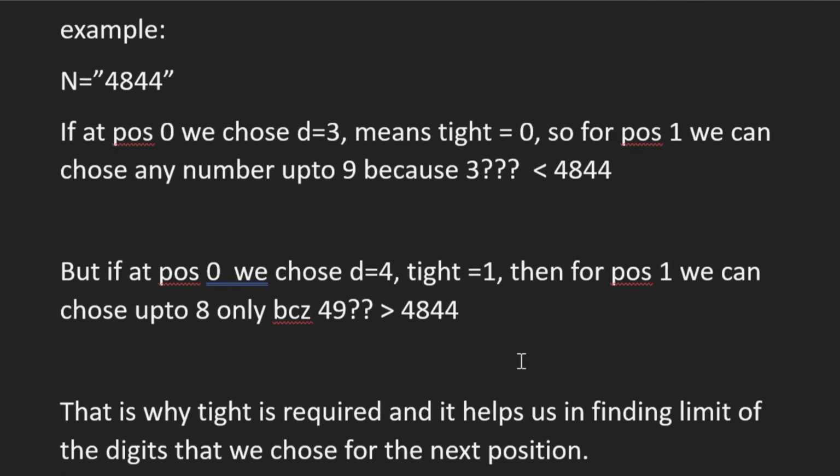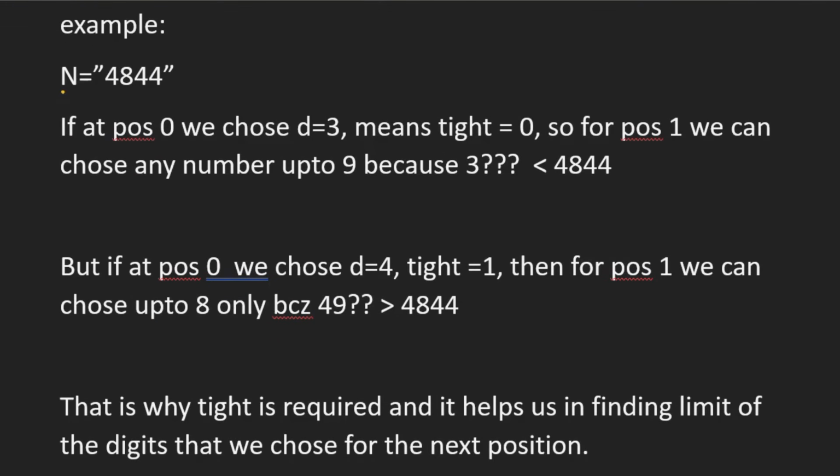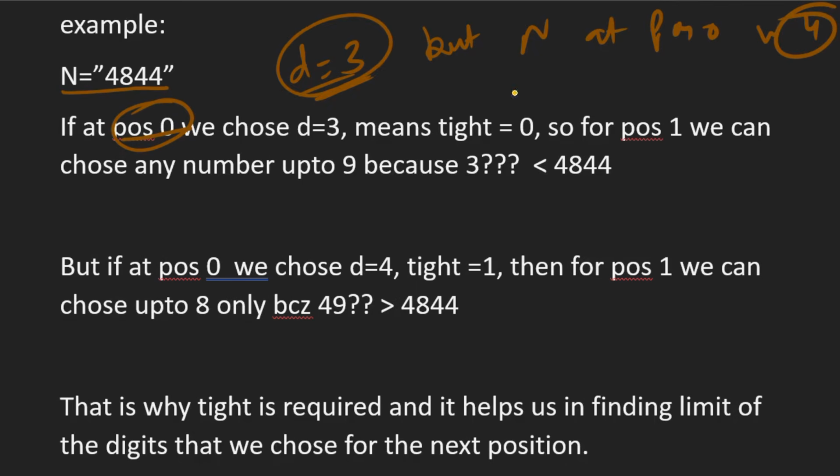So let's see an example. Suppose n is equal to 4844. At position 0, suppose we choose d is equal to 3. In n, at position 0 we have 4, and we chose 3, which is less than 4, right?